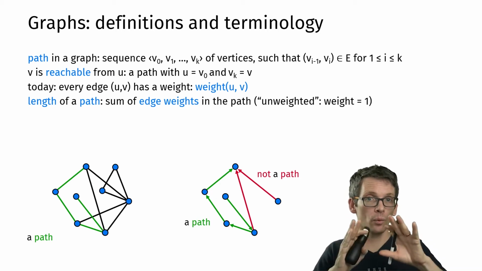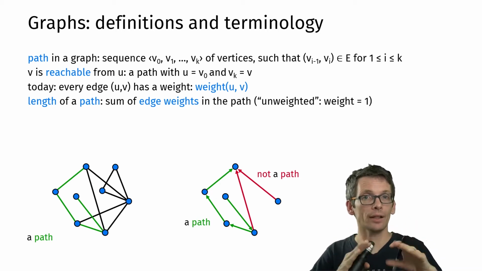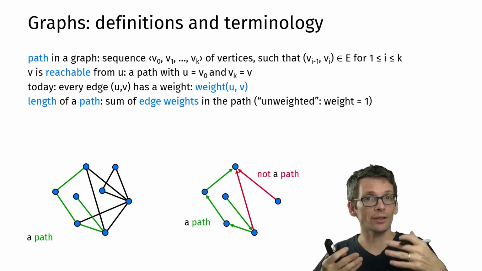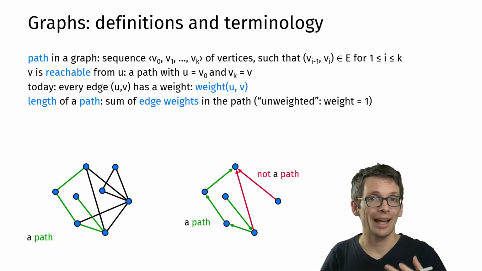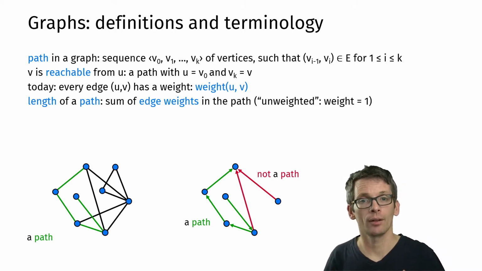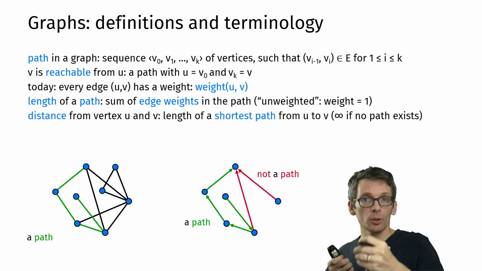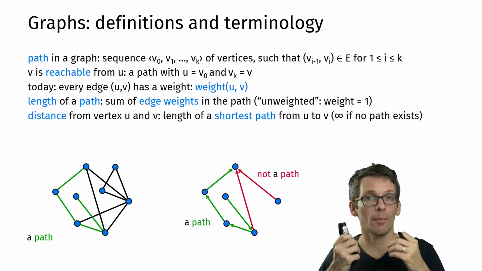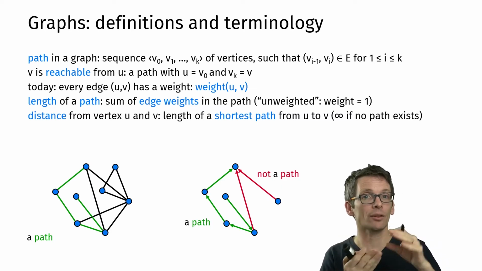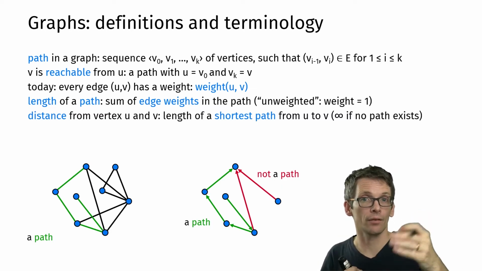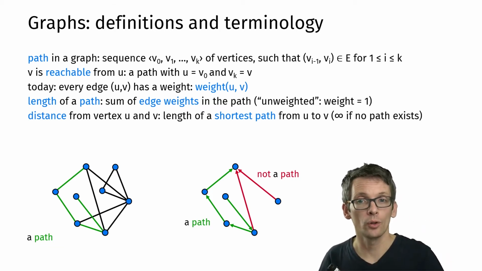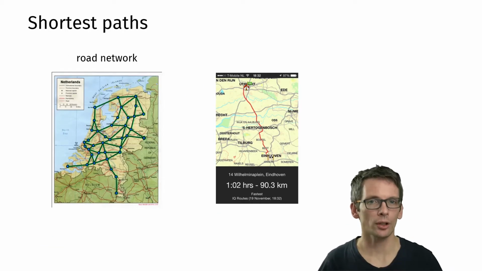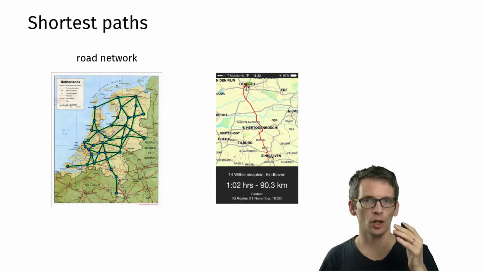If you simply take weights 1, that corresponds to the graph distance, so the number of edges along the path. The distance between two vertices is the length of the shortest path, and we set that to infinity if the vertex V is not reachable from U. So distances and shortest paths are what we're interested in today.